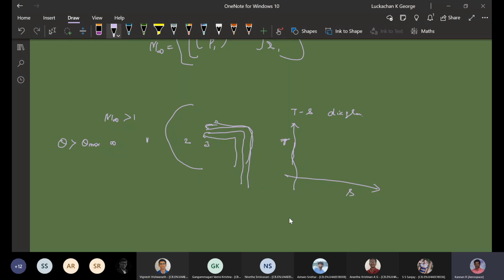Let us take the normal shock situation with infinity ahead of it. Between infinity and 1, the entropy is going to be constant, the temperature is also going to be constant, with no change in entropy. But from 1 to 2, the temperature will increase, and the entropy will also increase. That's all.